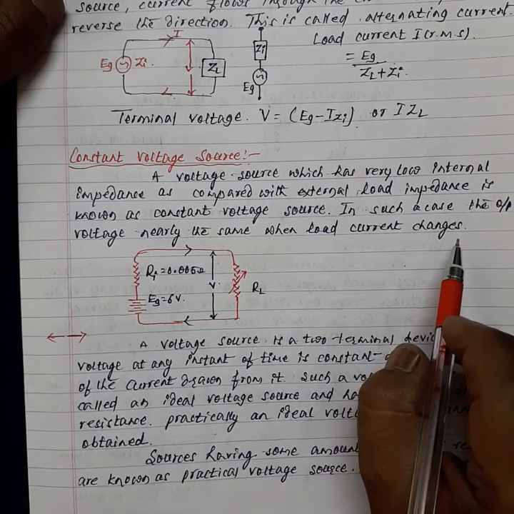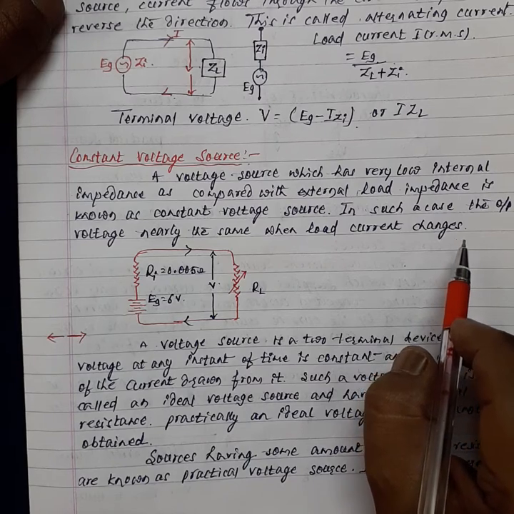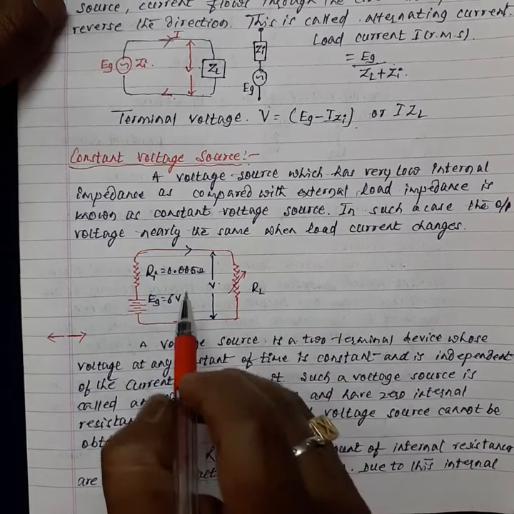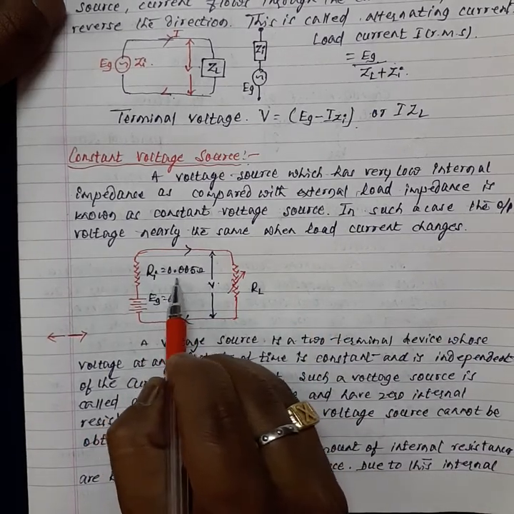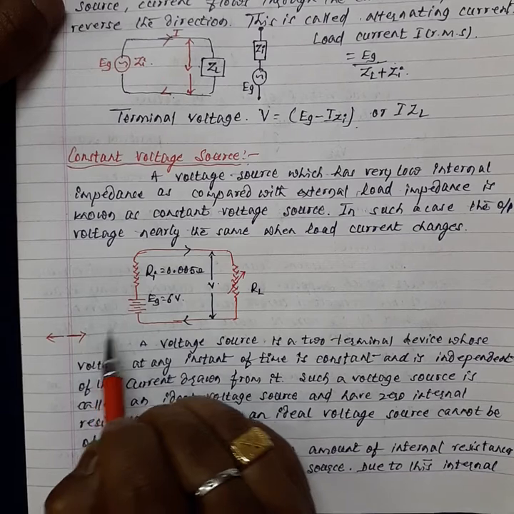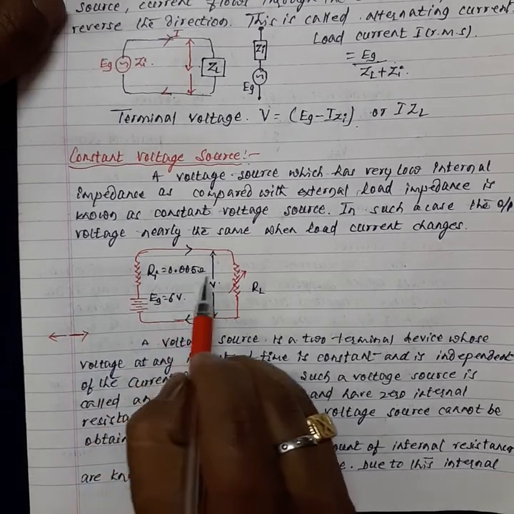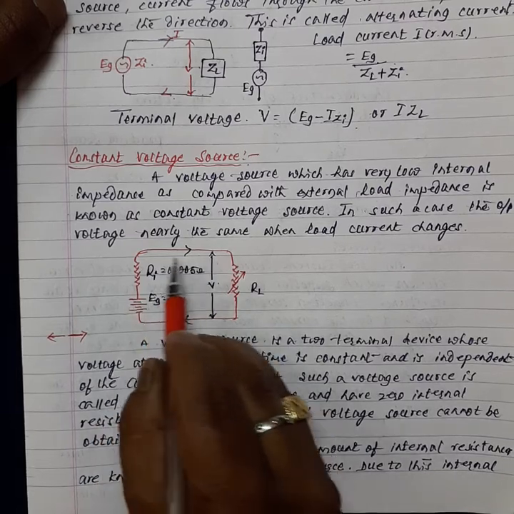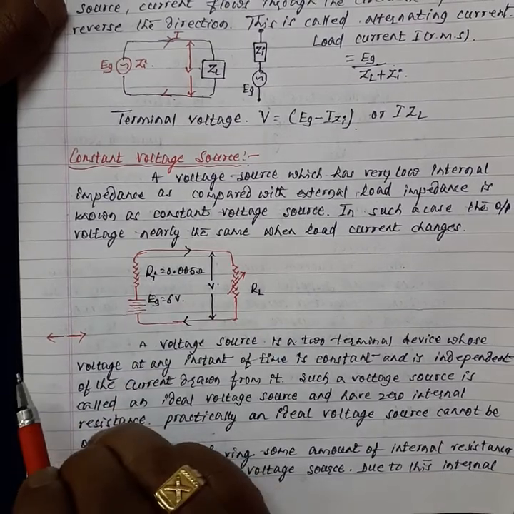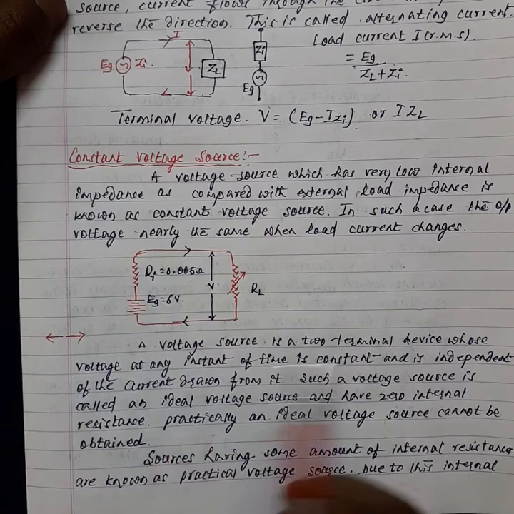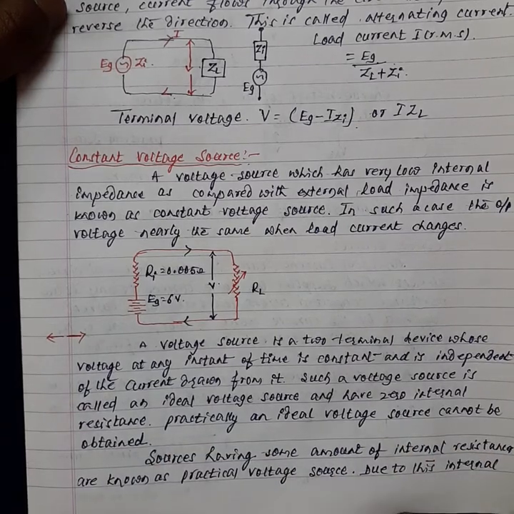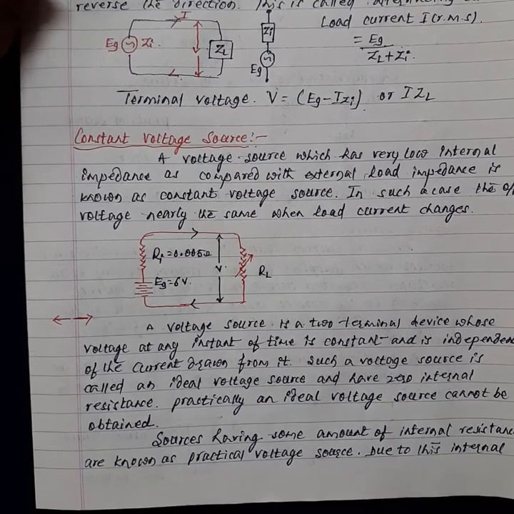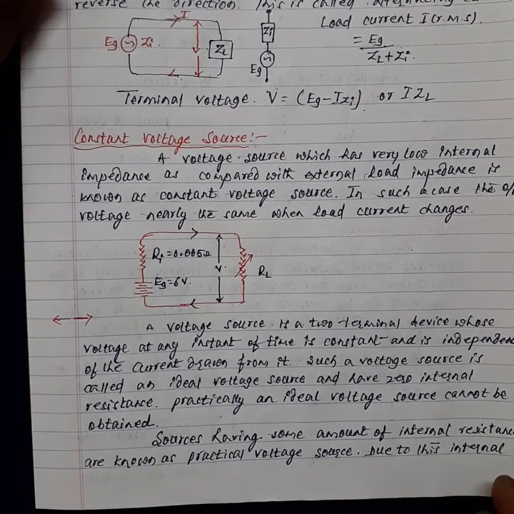So usually in this type of circuit, the internal resistance which is connected is nearly equal to 0.005 ohms. This is to make it nearly equal to the ideal voltage source. A voltage source is a two-terminal device whose voltage at any instant of time is a constant and is independent of current drawn from it.